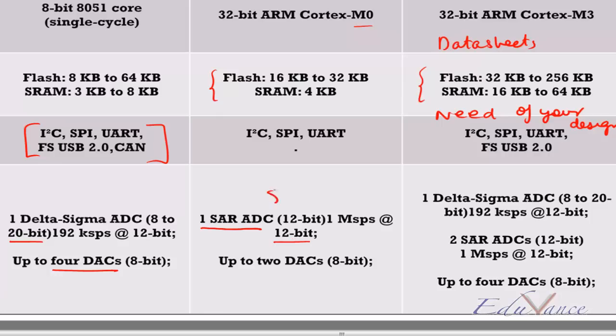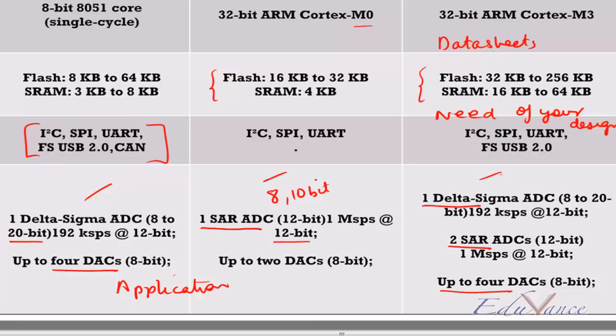It can be programmed in 8-bit and in 10-bit mode selectively. Your PSoC 5 has both the delta sigma ADC and the SAR ADCs, so you can use both depending on your application, and it also has up to 4 DACs. So depending on your application, you need to choose which device you plan to go for.